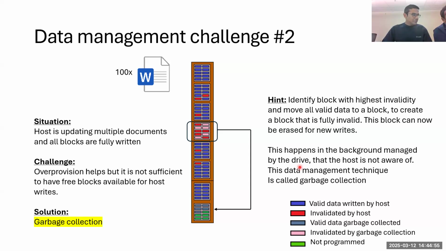Okay, so the thing is, Sudhakar was explaining over provisioning, right? That's one thing. The second thing is we need some system memory to operate as well because we have to write some metadata. So all of this also requires some space. So in fact, when we make the SSD, internally it has more than 256 gigabyte.